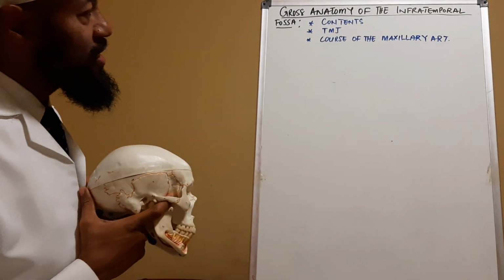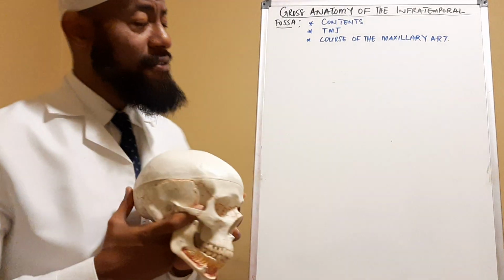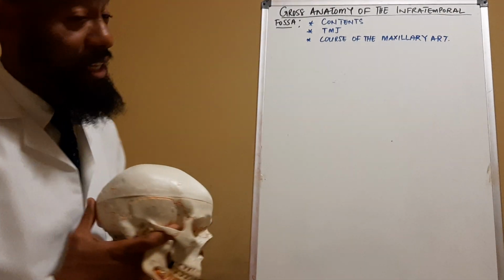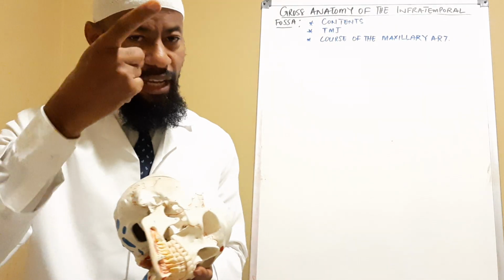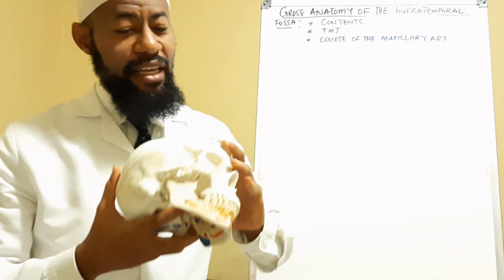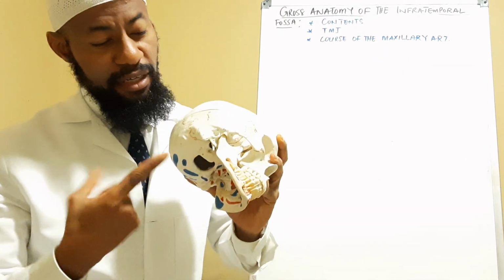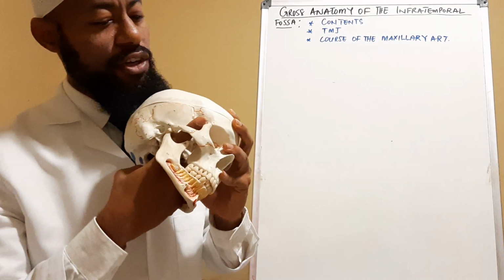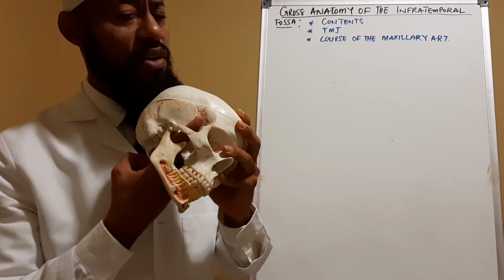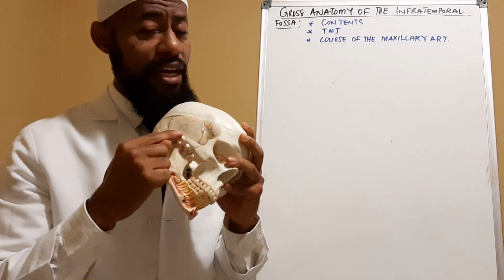By definition, the infratemporal fossa is an irregularly shaped structure. So I'm going to put my index finger in the infratemporal fossa right here. That's the infratemporal fossa. Make sure your index finger is not going beyond the zygomatic arch.